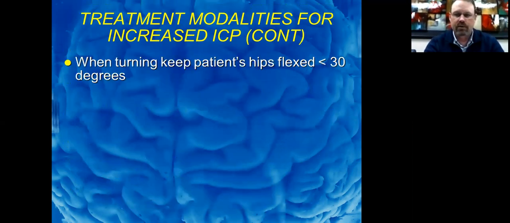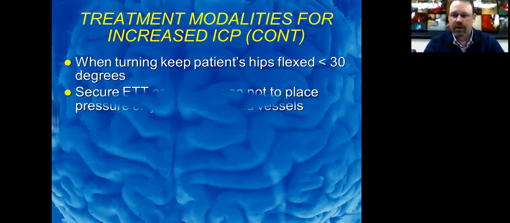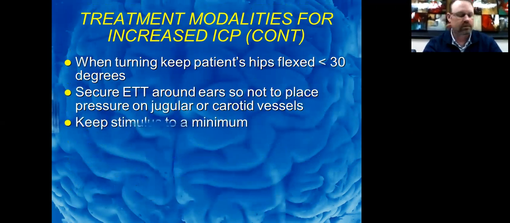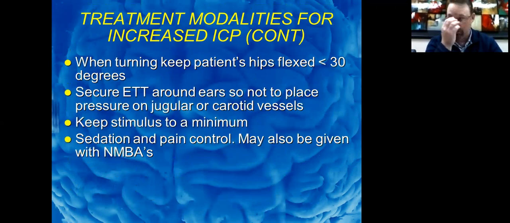Some things that we do when we intubate to blunt that, of course, is to ensure that we're not creating anoxia: hyperoxygenate the patient prior to intubation, and then as well think about the things that you can do to blunt it. When turning the patient, keep the hips flexed less than 30 degrees.